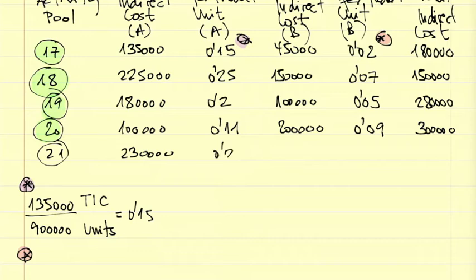This is 0.26, 57,500, 0.03, and then 57,500.